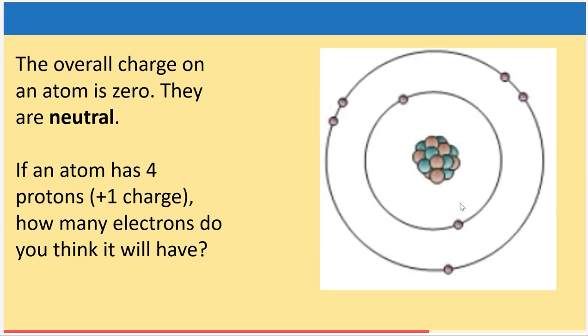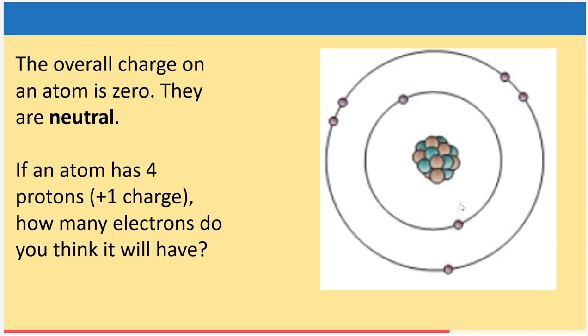So for example here, this is an atom that's got 7 protons, 7 neutrons, and 7 electrons. Now, if you've got 7 protons inside that nucleus, you've got 7 positive charges there. So overall charge in that nucleus is +7. Now, if you look at the electrons, you can count them. There's 7 electrons there as well, orbiting in their shells.